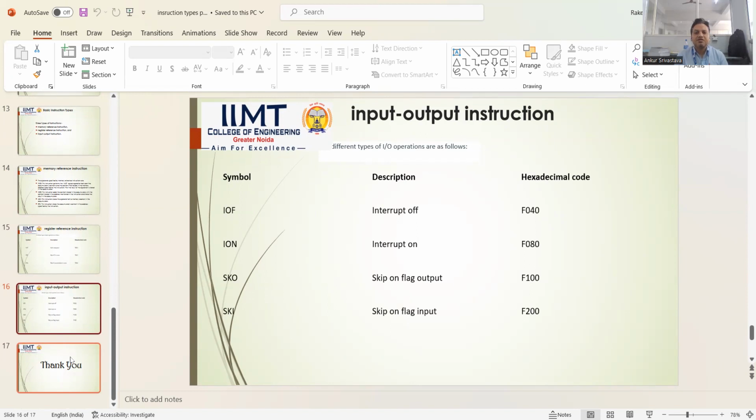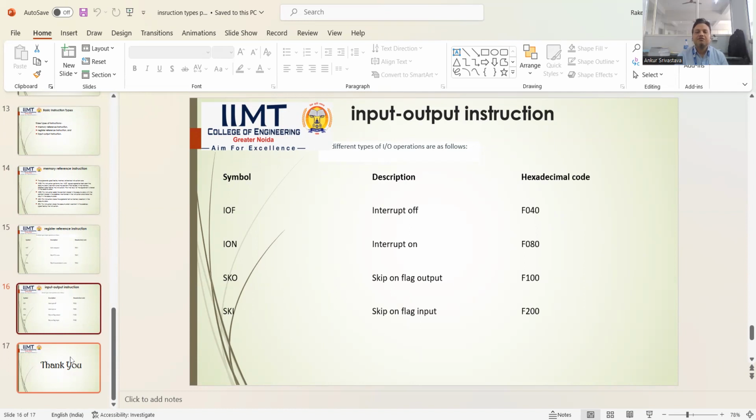So the input-output instruction, in comparison to register reference as well as memory reference, also uses some commands. The input-output instruction uses different types of input-output operations, which are as follows. I have taken just four to five examples over here.